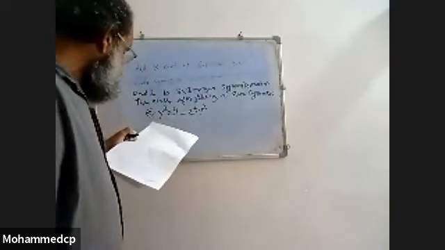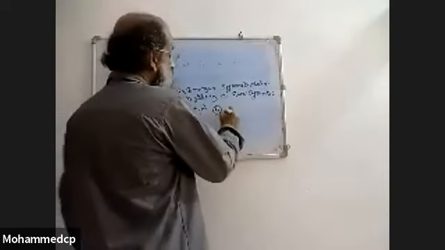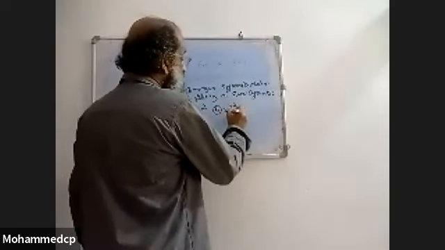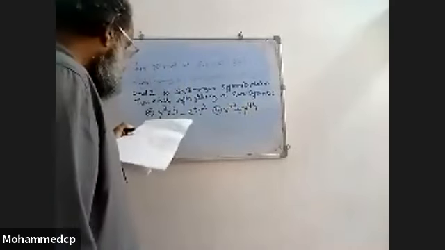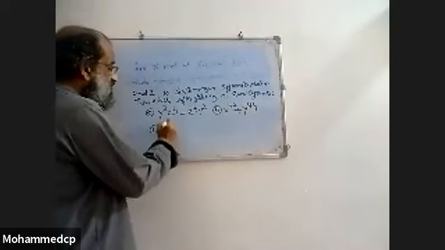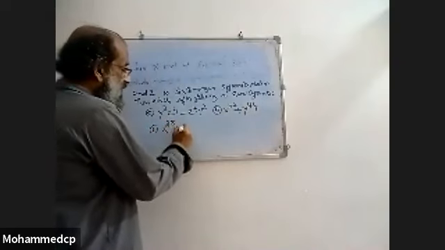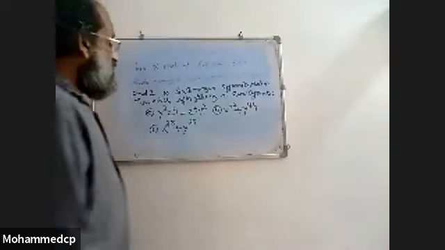Option B, X raised to 44 plus Y raised to 44. Option C, X raised to 23 plus Y raised to 23.